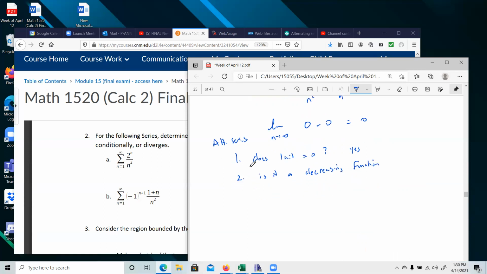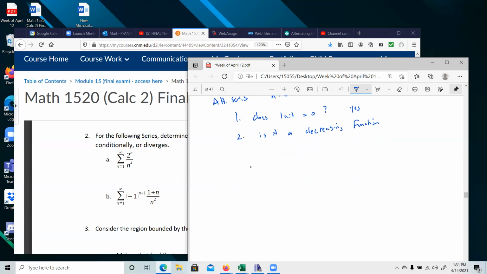One way we could do that is to assume the function 1 plus x over x squared and see what the derivative is. So f prime is the derivative of the top, 1, times the bottom, minus the top times the derivative of the bottom. It's the quotient rule, divided by x to the 4th.